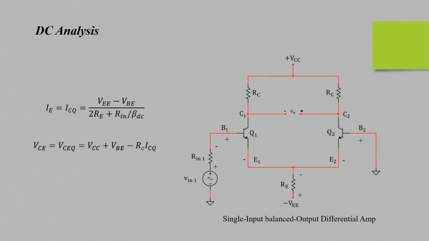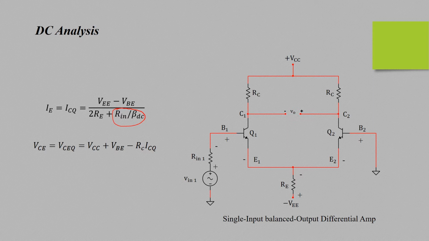So we will have ICQ and VCEQ as in the previous cases. ICQ is equal to VEE minus VBE upon 2 RE plus Rn by beta DC. If we ignore Rn by beta DC, ICQ becomes VEE minus VBE upon 2 RE.